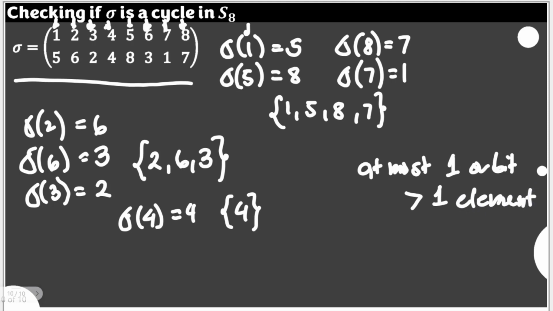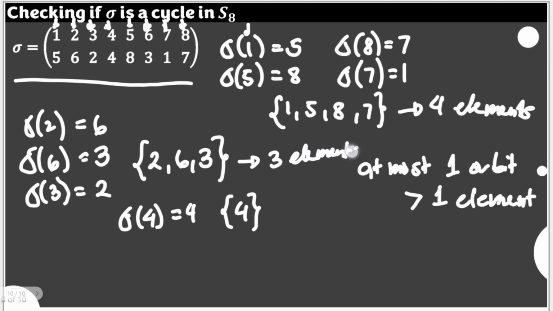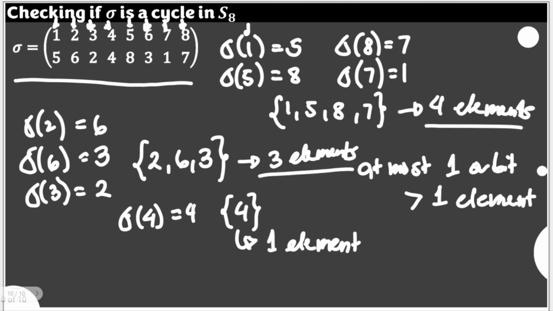If I say at most, that's a maximum. There should be no more than one orbit containing more than one element. This has 4 elements: 1, 5, 8, and 7. This has 3 elements. And of course, this has 1 element. With all this in mind, we see that we have 2 orbits containing more than 1 element.